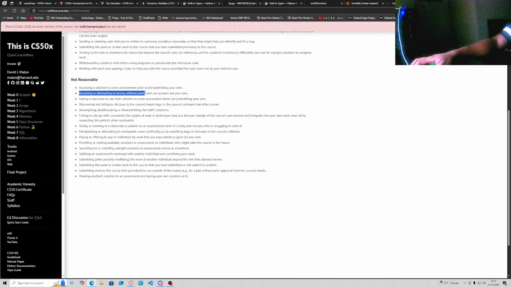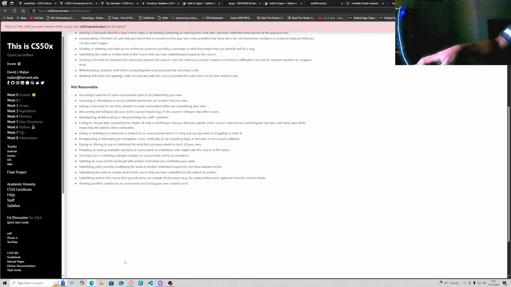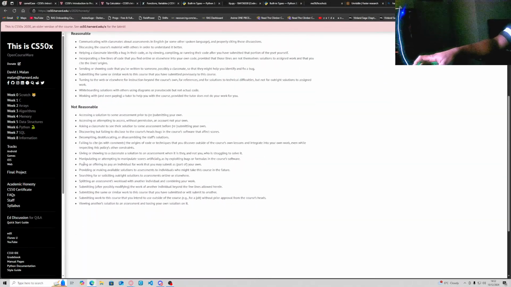Solution. See this solution. Insert. What am I doing a master's in? Computer science. I'm a terrible programmer.